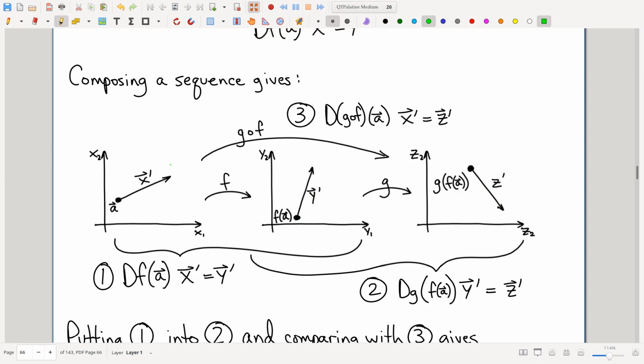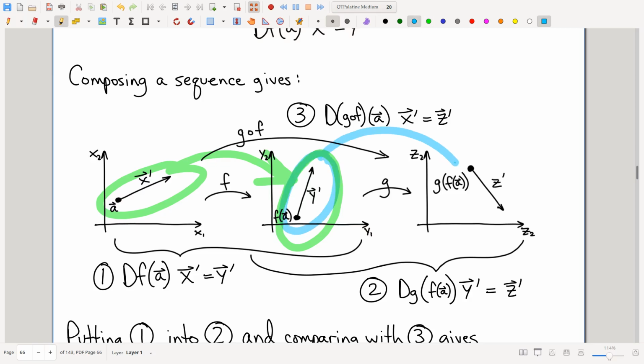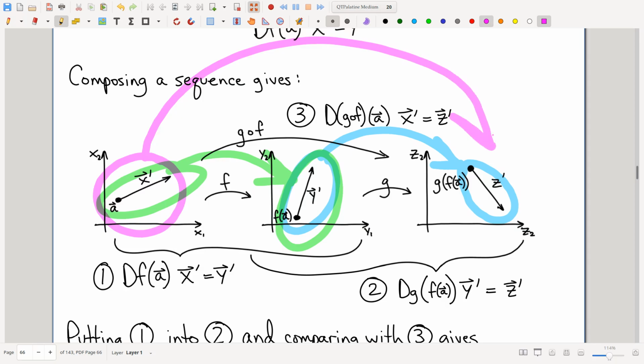And again, it's just a matter of talking through it. Let's see here. I'm going to try to remember my color choices. The factor that you multiply by x prime to get y prime, and the factor that you multiply by y prime to get z prime, relate to the factor that you multiply by x prime to get z prime.